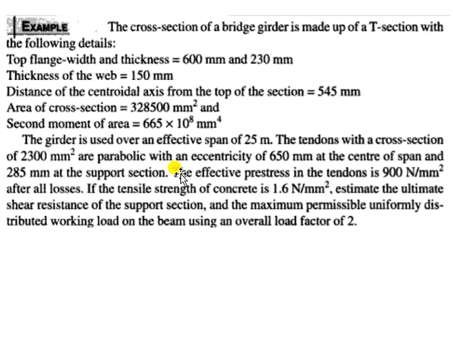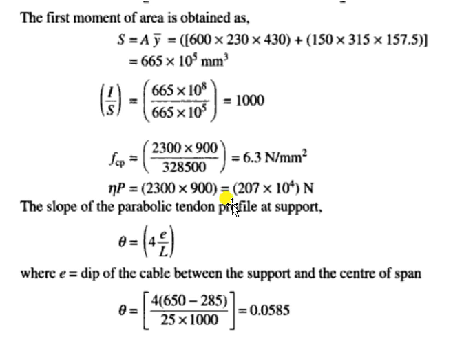So using area and stress of a cable, we can calculate what is the pre-stressing force induced or applied onto the cable. So 2300 area into 900 stress divided by area.